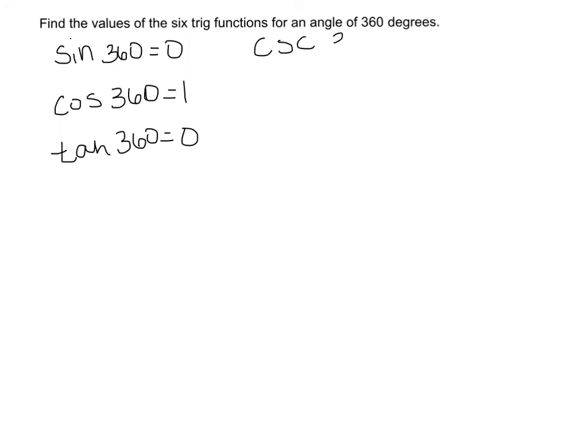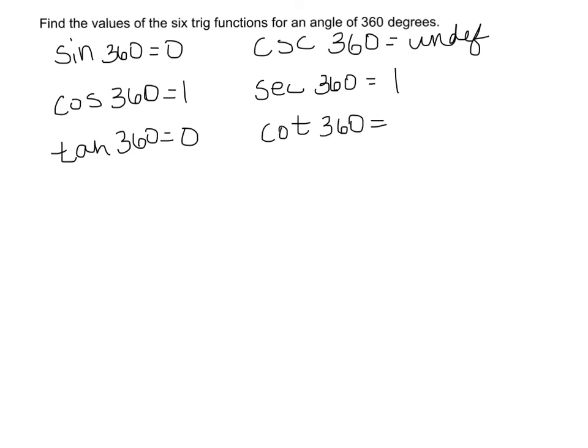Cosecant is undefined. I know that this is undefined because the sine is 0. The secant is 1. The cotangent is undefined. Again, I know it's undefined because the tangent is 0.